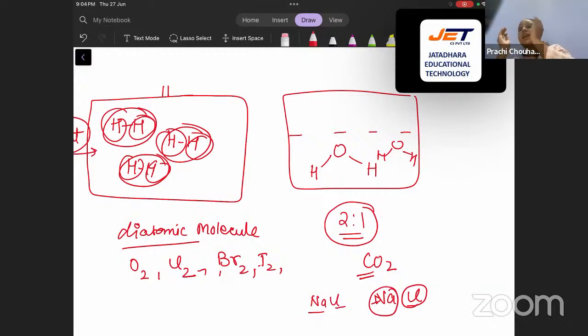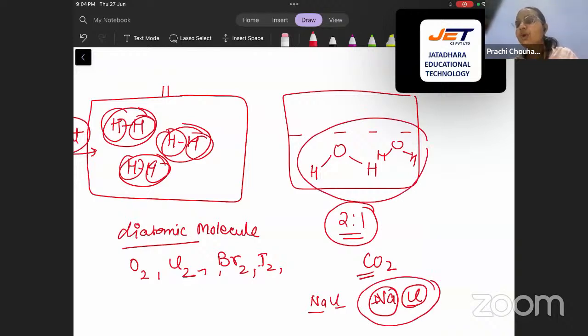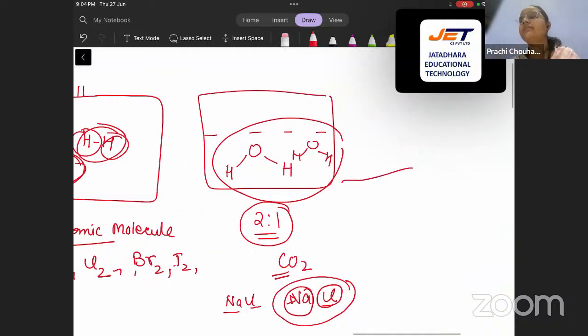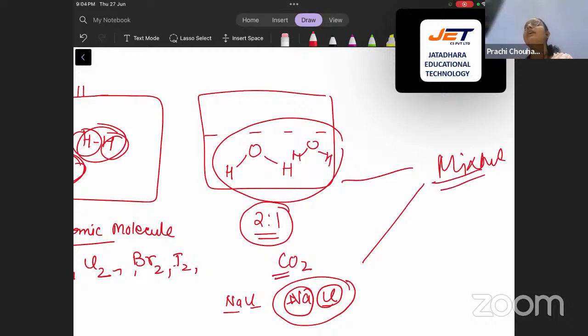Now, if I take this water and this salt and put them together, I have got a mixture. What I did here was take two pure substances and mix them together.